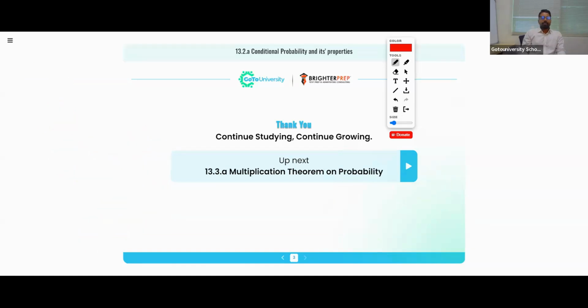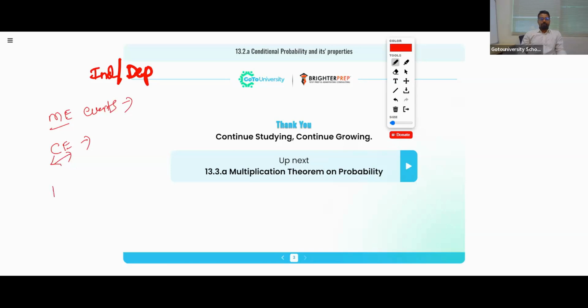What else did we understand? Types of events: independent events and dependent events. Then the definition of mutually exclusive events. Two or more events are said to be mutually exclusive if the occurrence of one event completely stops the occurrence of the other. And collectively exhaustive: two or more events are collectively exhaustive if they completely exhaust the sample space, and nothing else is left in the sample space.